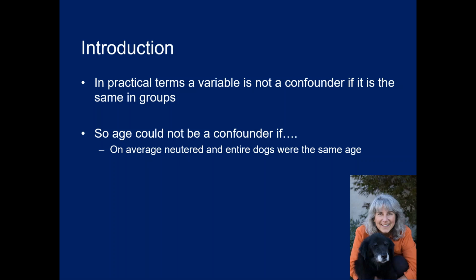In other words, if they were balanced, with no difference between them, then in that particular set of data or that particular situation, age is not a confounder. We're going to come back to this because that balancing between the two groups is actually key to how a lot of methods for controlling for confounding work.